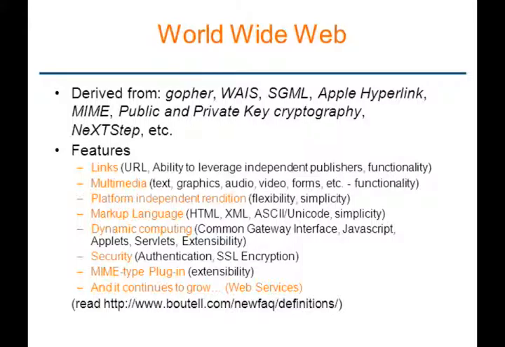The World Wide Web came out around '93, '94 when NCSA Mosaic first released the browser. Before that it was designed in Switzerland at CERN by Tim Berners-Lee. But its popularity started with the NCSA Mosaic program.